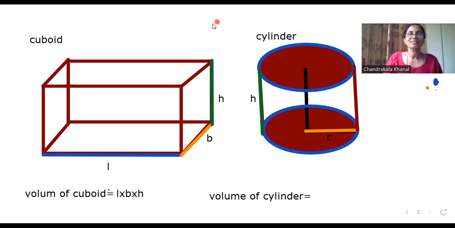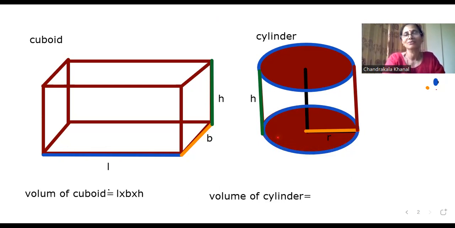Okay, look at this whiteboard. This is length. This becomes half of the circumference. This is the whole circumference, but this length is only half of the circumference of the cylinder.